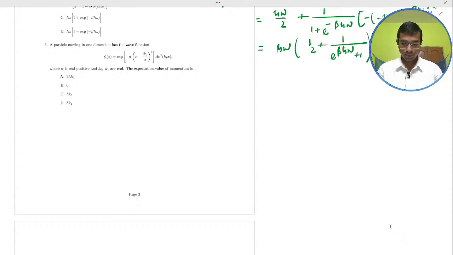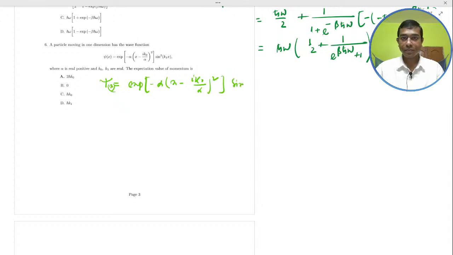So now try yourself. The given equation psi of x is exponential of minus alpha x minus i k naught by alpha, whole square, sine square k1 x.